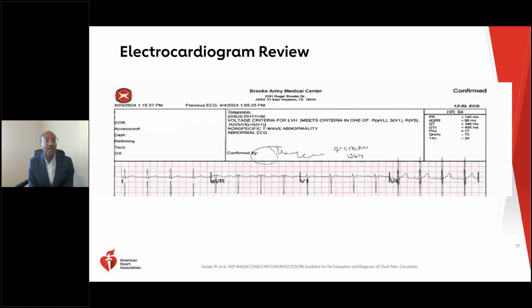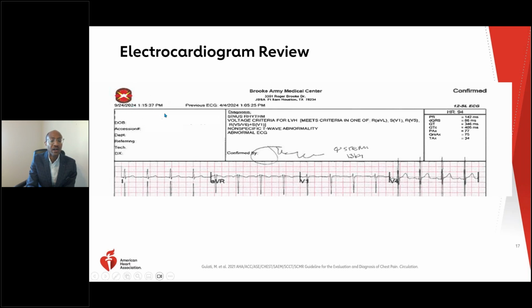I wanted to highlight this particular case where her ECG read was overall not suggestive of any significant ischemia, infarction, or injury. But you'll notice on the left of the screen that this patient presented at 1:14 in the afternoon.